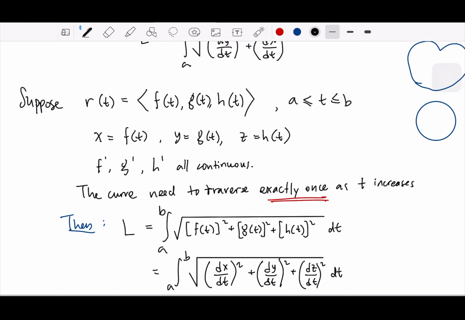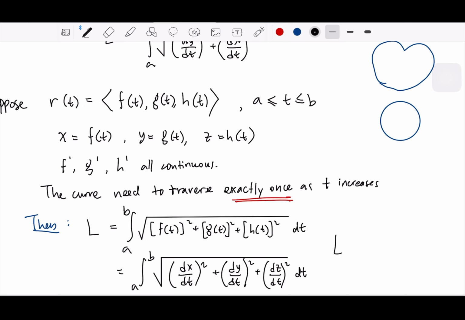If you want to write it in a way more simple form, because f, g, h are components of the vector r, this is x, y, z, right? Because it's a component from the vector r. Then, if we have this f squared, g squared, and h squared, it's actually the magnitude of the vector, right? Remember. So we can rewrite this in a simpler way.